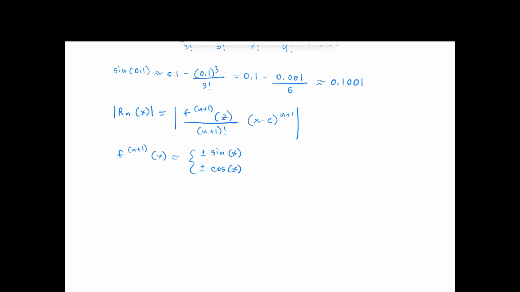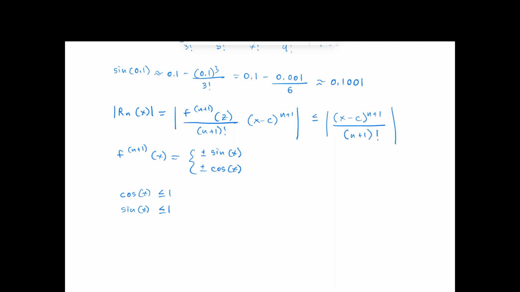And we also know that sine and cosine, at least on the real numbers, are both less than or equal to 1 for every possible real number. And what that allows us to say is that in our particular case, our approximation error is going to be less than or equal to the absolute value of x minus c to the n plus 1 over n plus 1 factorial.